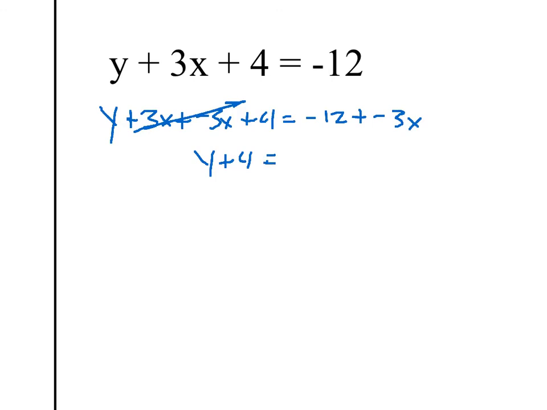I'm going to do one thing here. Just because I know we're trying to get into slope-intercept form, when I rewrite this step, I'm going to commute my terms to get that x term first. So I can't combine those, but I'm going to commute them so I get that correct term first.